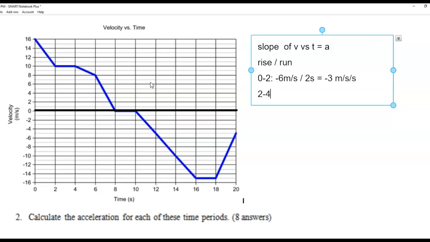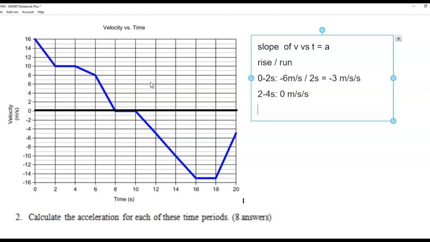So from 2 to 4 seconds, it's just 0. It's a horizontal line, there is no slope. 4 to 6. From 4 to 6, it drops 2 meters per second, so it's a negative 2 meters per second, and we're dividing that by the 1 unit of time, which is 2 seconds.